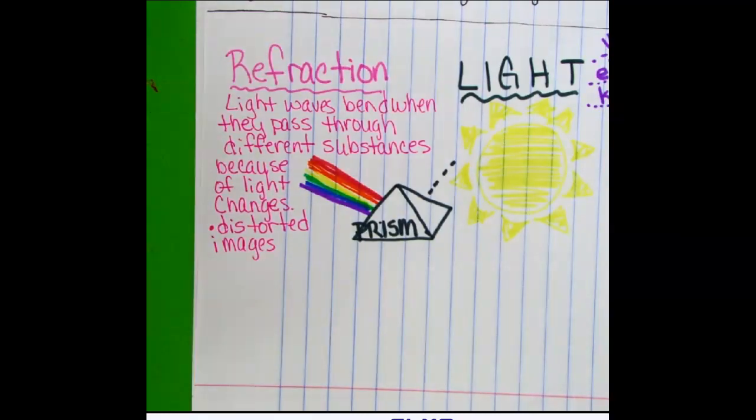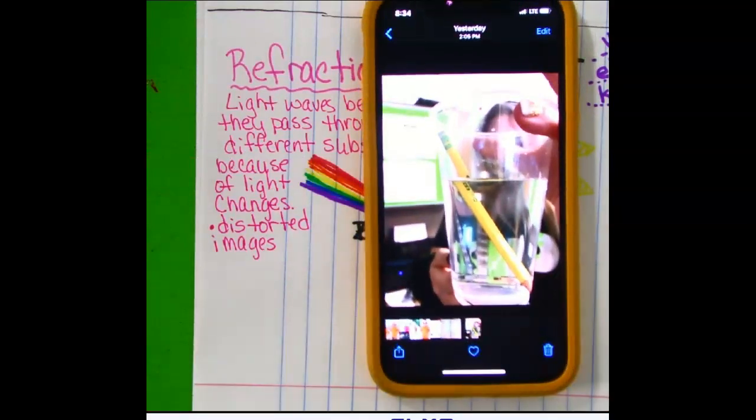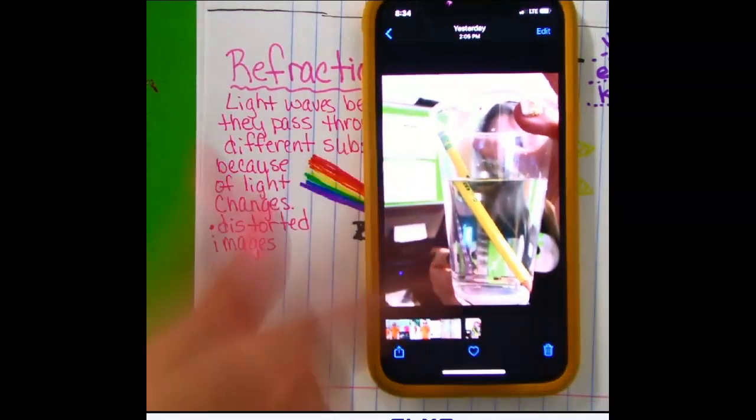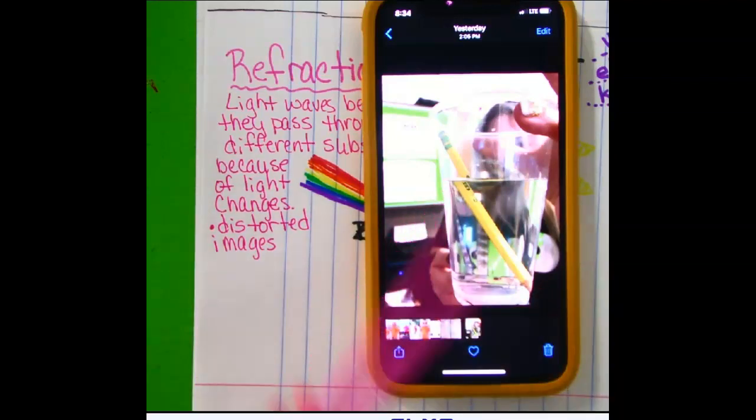Yesterday we did an experiment in class, and you can try this at home. I took a picture of it. Can y'all see that when we put a pencil in water, see how the pencil looks like it's broken? That's refraction, okay?